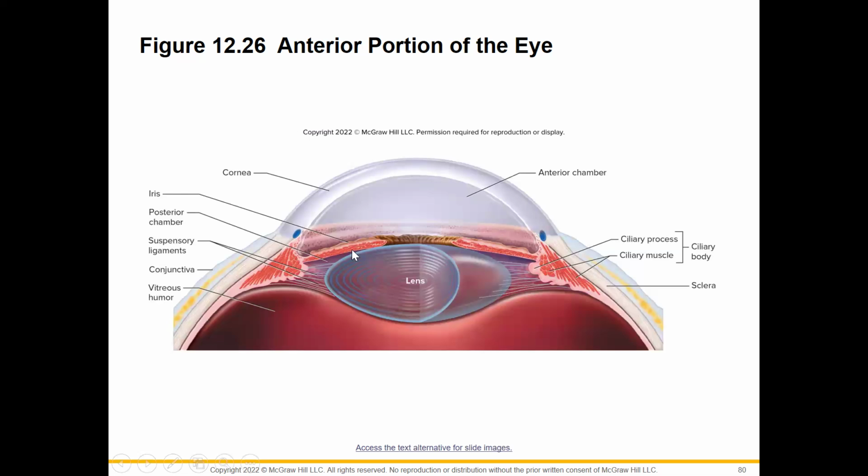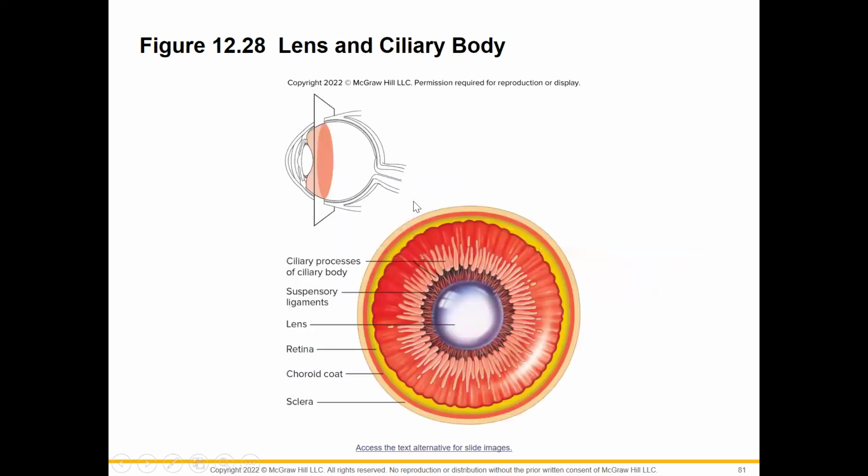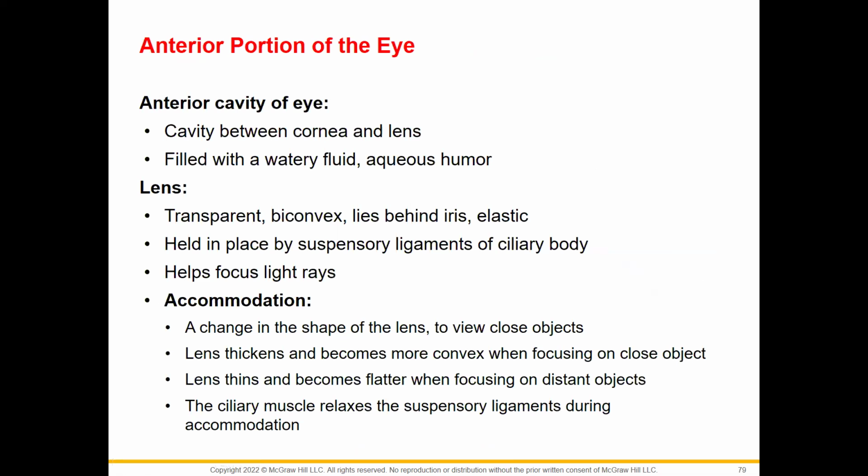And then anterior to that, you have this anterior chamber of the eye. The anterior chamber sits in front of the lens and the iris of the eye. Let's go back. So the anterior cavity sits between the cornea and the lens, and it's filled with a watery fluid called aqueous humor.